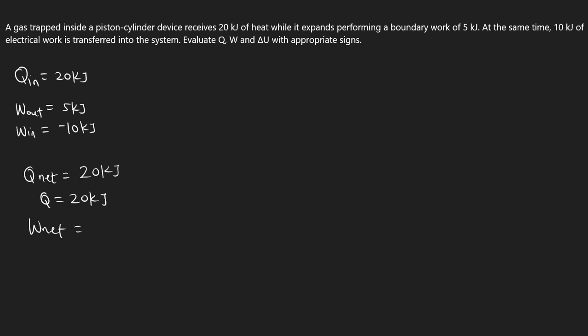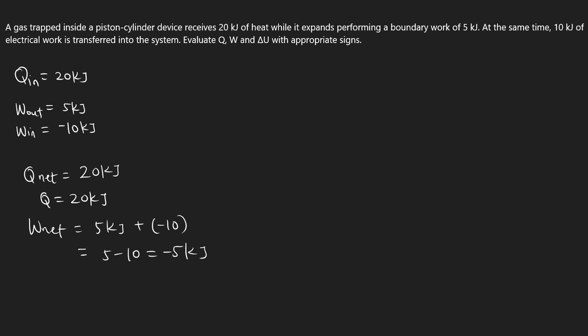That will be the sum of the work done by the system, which is 5 kilojoule, plus minus 10. So when we do this, we have 5 minus 10, which gives us minus 5 kilojoule.